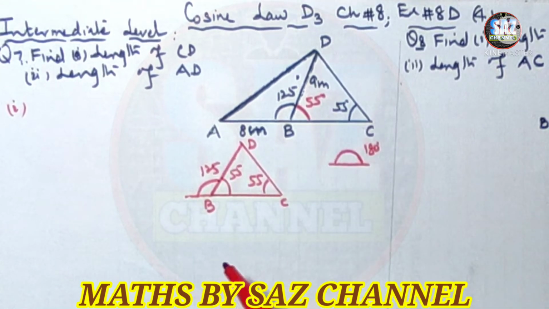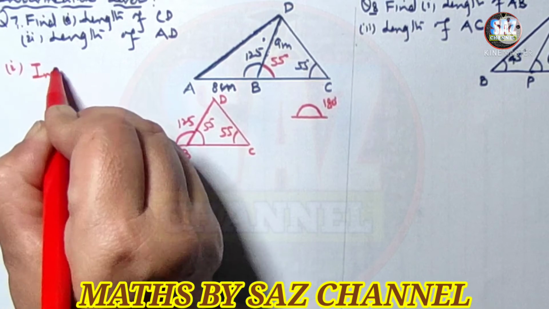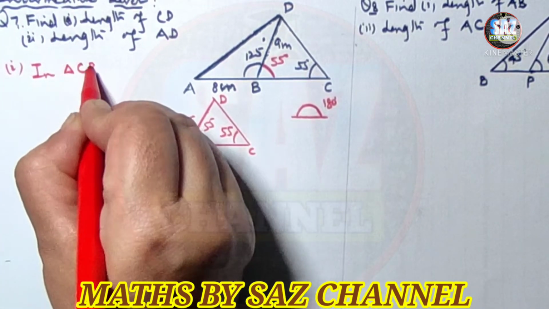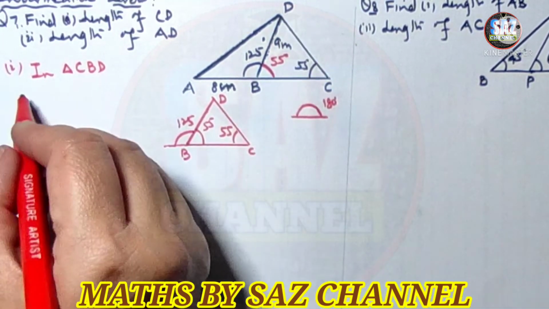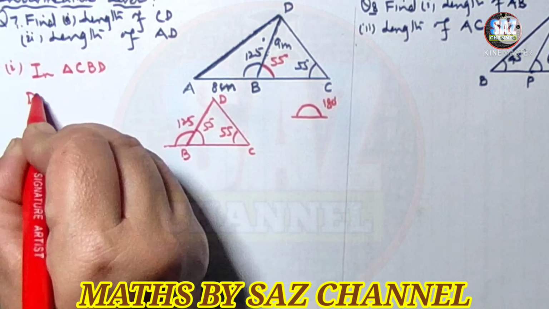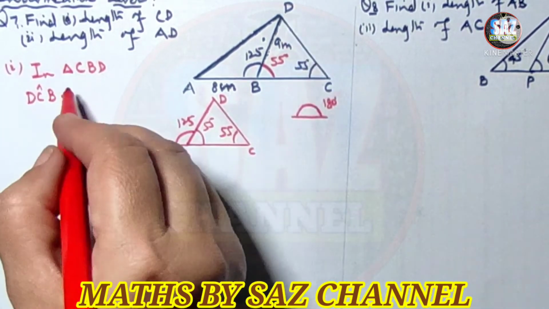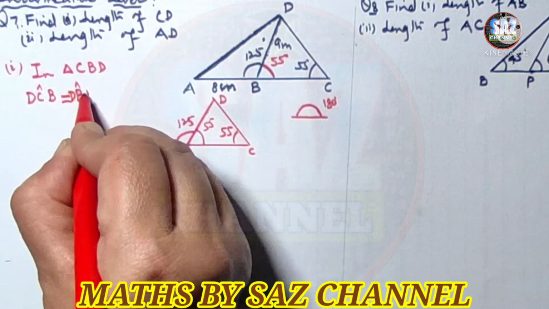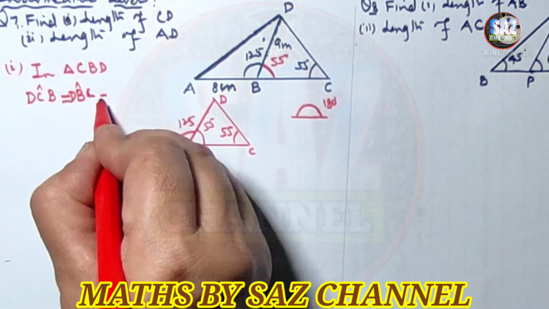Now look, in triangle CBD, angle DCB equals angle DBC, meaning angle C equals angle B, which is 55 degrees.